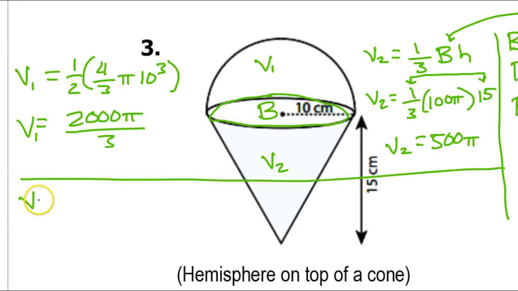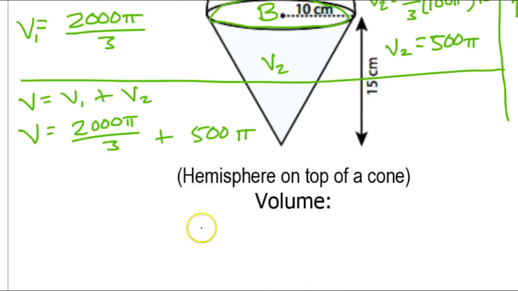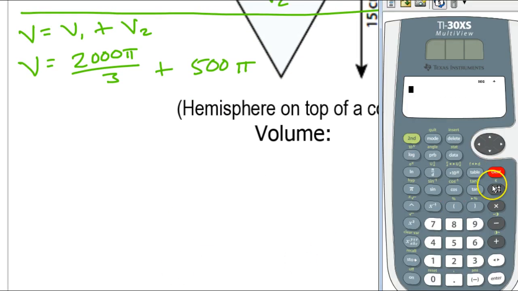The overall volume is going to equal volume 1 plus volume 2. So that's going to be 2,000 pi over 3 plus 500 pi. That's the entire volume. Okay, so let's see what happens.